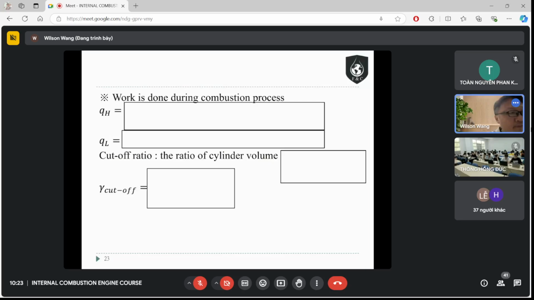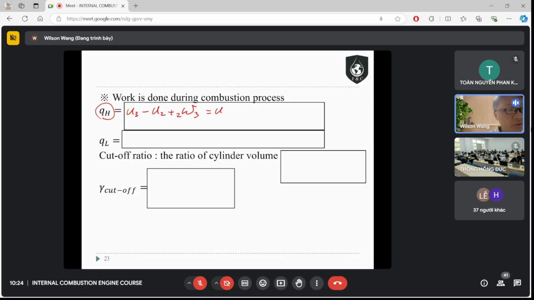So QH equals U3 minus U2, but we have to add the work from 2 to 3. That is something different from the Otto cycle.